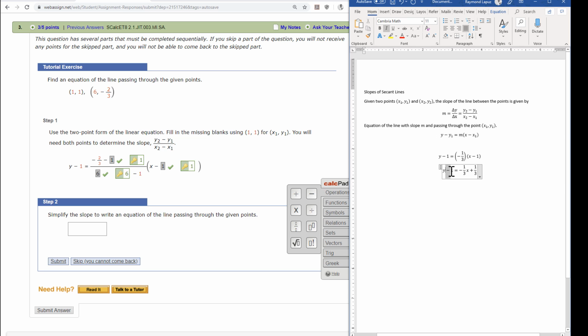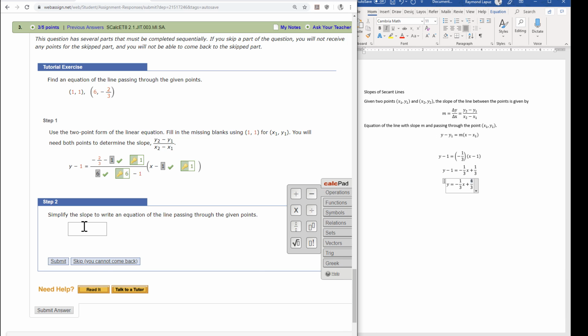And then we'll add 1 to both sides. And then now this is like adding 3/3. That's going to give you 4/3 for your constant, or your y-intercept.